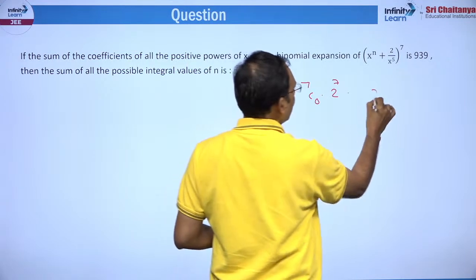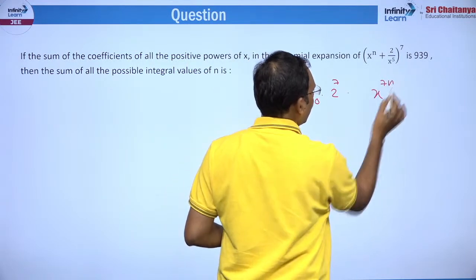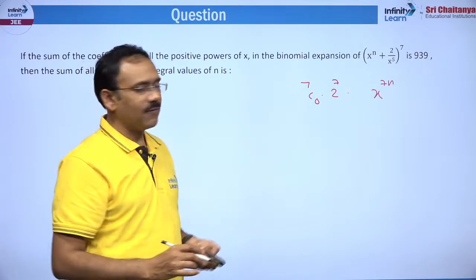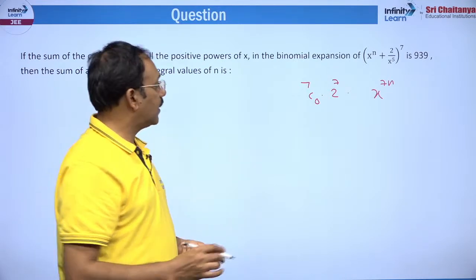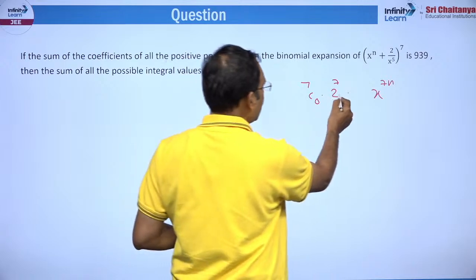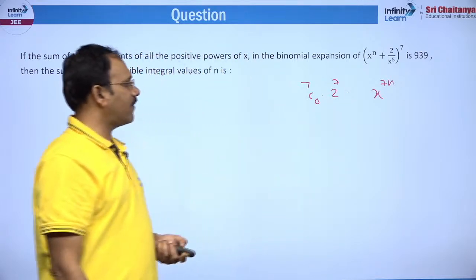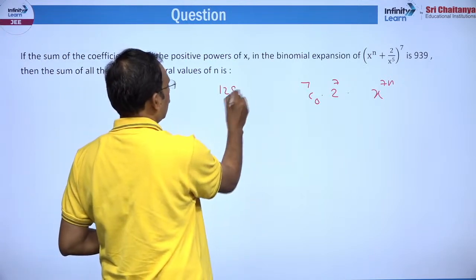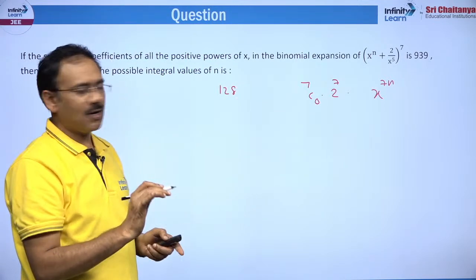Of course, x power is going to be 7n. 7n is going to be positive powers of x, he is saying, that is fine. Next, the sum is going to be 2 power 7, which is 32, 64, 128 is here. Okay. So, the first term is not sufficient.